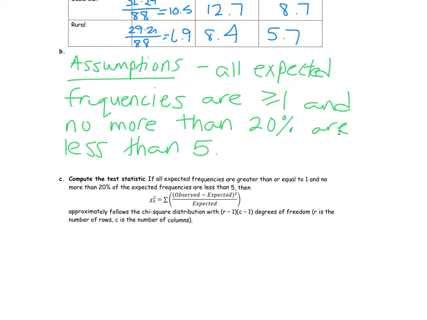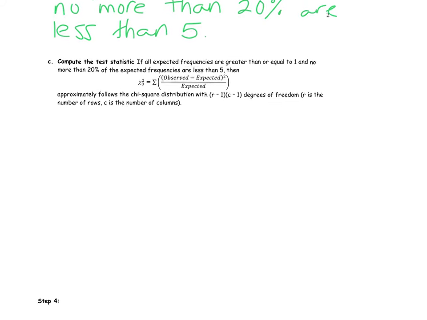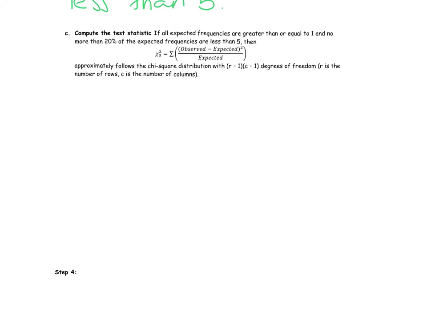All right, next is our test statistic. So we're going to see if this test statistic is unusual considering our null hypothesis. So really similar to what we were looking at before, it's all our observations minus the expected values squared, divided by the expected values.